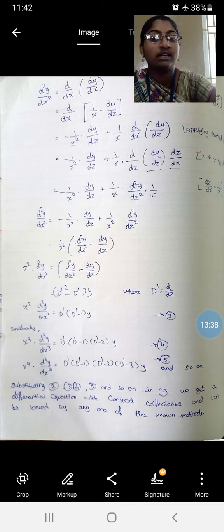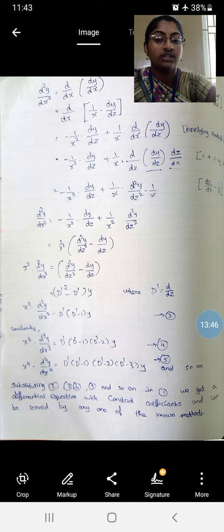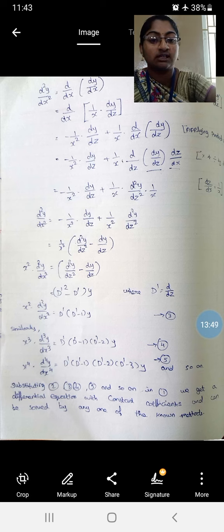So take 1 by x square as common. I am writing the second term first and the first term second, because I have a minus term in my first term. So just exchange it: 1 by x square, d square y by dz square minus dy by dz.